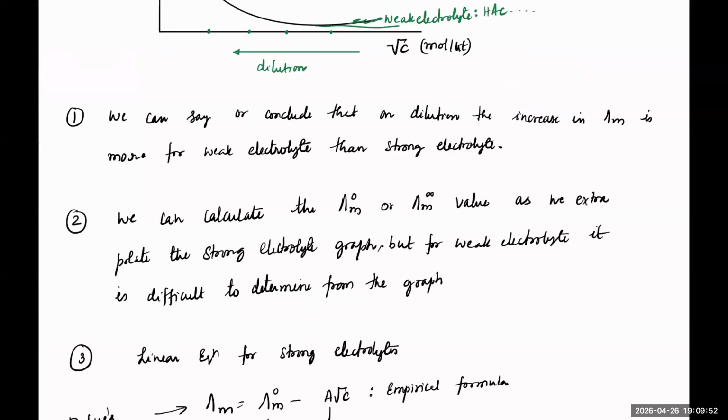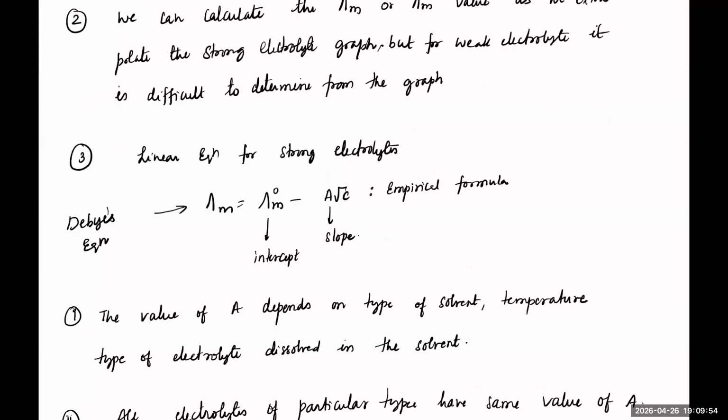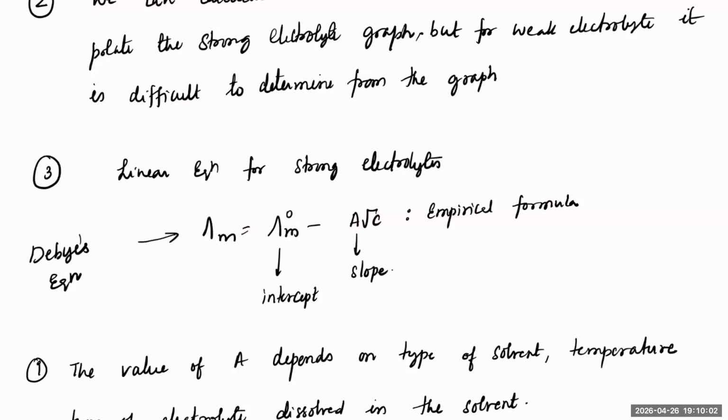So these are the points we learn. From here, you will see how lambda m is related with root C. This is called the Onsager equation, or the Debye-Huckel equation.